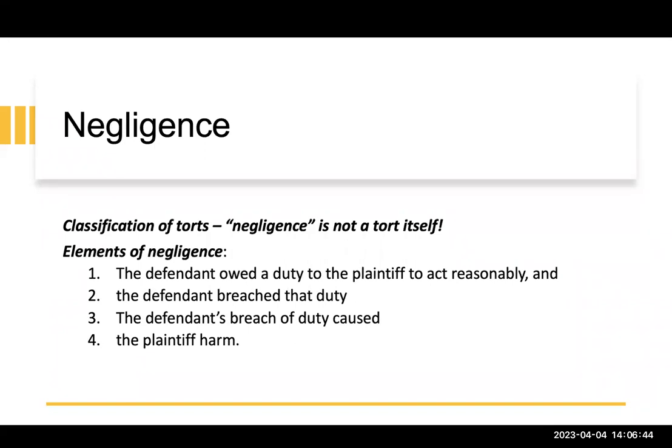So in the Palsgraf case, Mrs. Palsgraf was a plaintiff. She was standing on a railroad platform, waiting for a train to arrive. On another train track, again, not even her train track, a man was running and trying to catch a train that had just started to move.